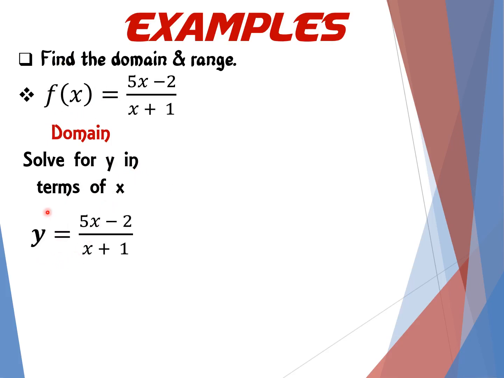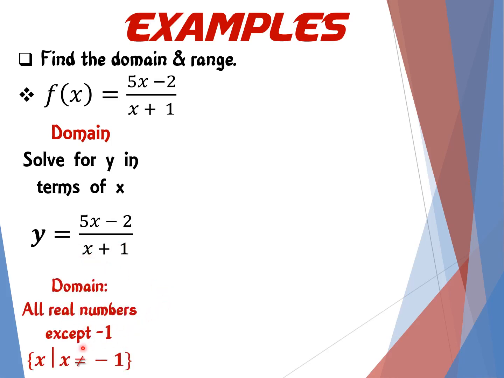Since this one is already y in terms of x, we can now find the domain. By looking at the denominator, we know that x should never be equal to negative 1. So, negative 1 is the restriction. Your domain will be all real numbers except negative 1.